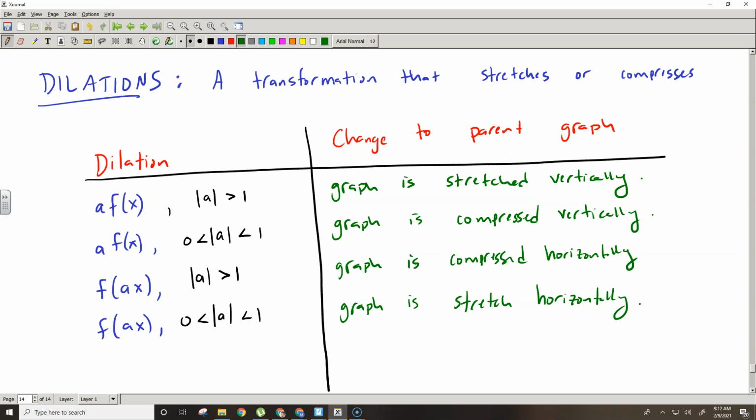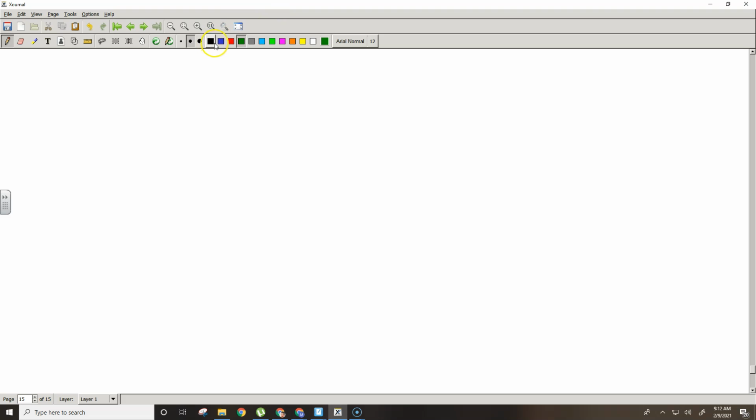Now the second set of things that I want you to put down are reflections. Okay, so we have translations, which we already talked about. We have these things called dilations, which is kind of stretching the graph horizontally and vertically. And the other thing I want you to put in here, our last transformation, is going to be reflections.